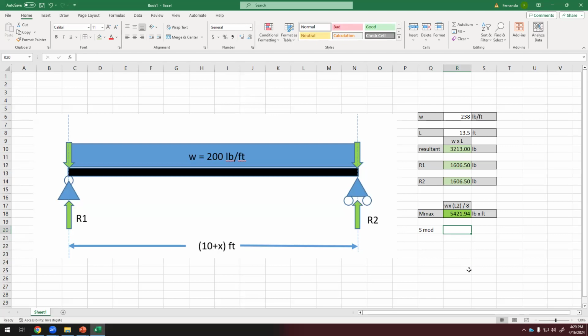I can define different things, okay? Because imagine that I can select the material. So here I have the material. I have the yield stress.